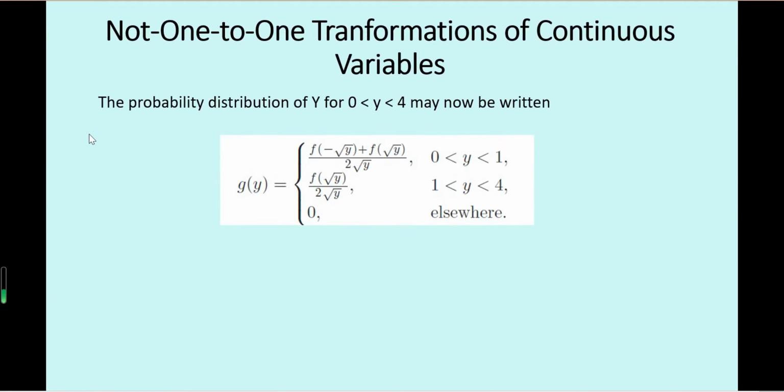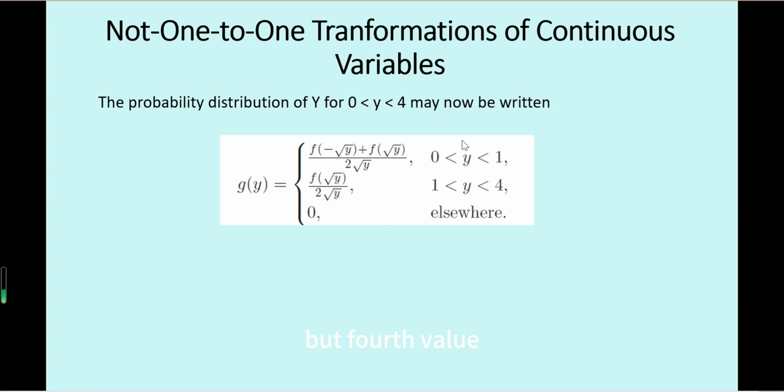So for this specific problem, the final result for y between 0 and 4: 0 to 1 is two parts together, and 1 to 4 is only one part. Because for y between 1 and 4 in this problem, it is a one-to-one transformation between x and y.